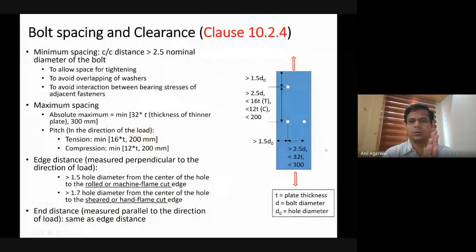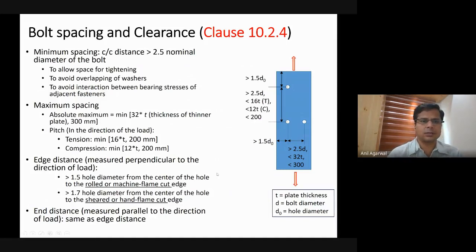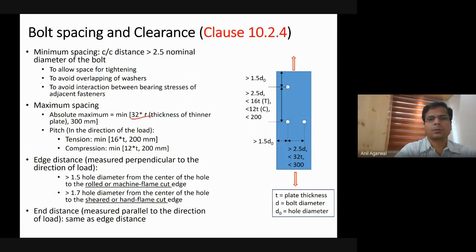Fine. So as you may remember, the absolute maximum distance between two consecutive bolts was specified as 32 times the thickness of the plate, that is the thinner plate, and minimum of that and 300 millimeters.